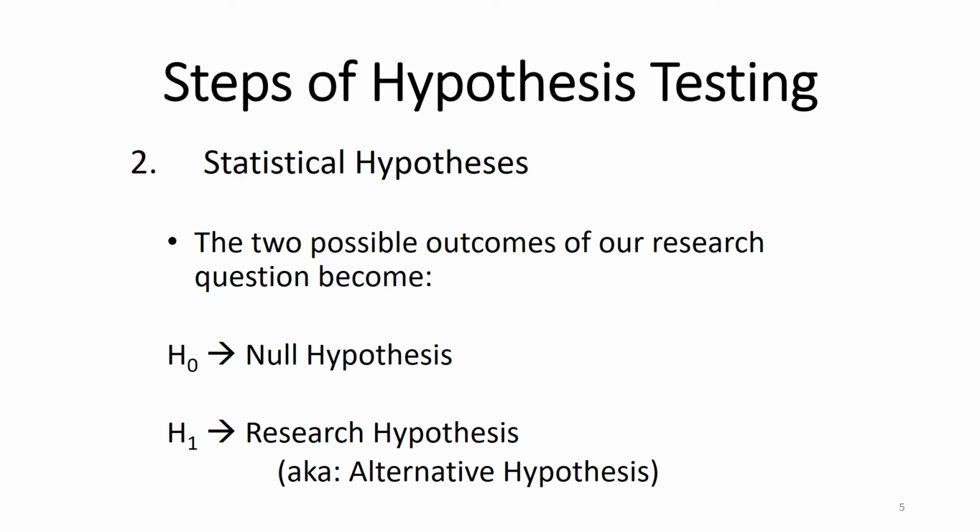Exhaustive means it has to cover all possible outcomes to the research question. And this is why we set up the research question in a manner that looks like two sides of a coin. You've got to either go with one or you've got to go with the other. You can't have both sides, and you've got to cover all possible outcomes. So that's the way we're going to be setting up our hypotheses going forward with each one of these tests.